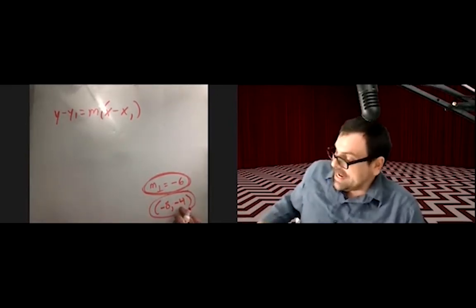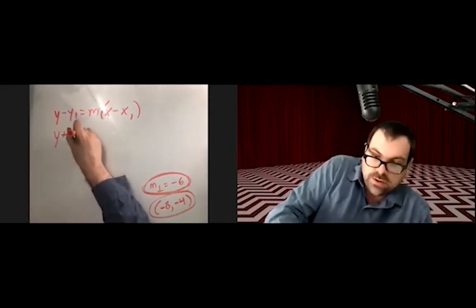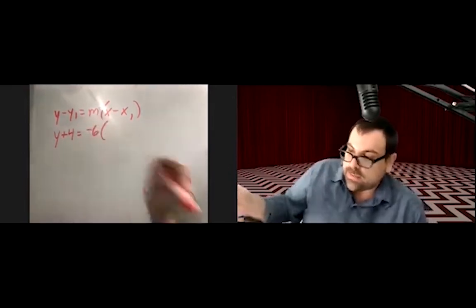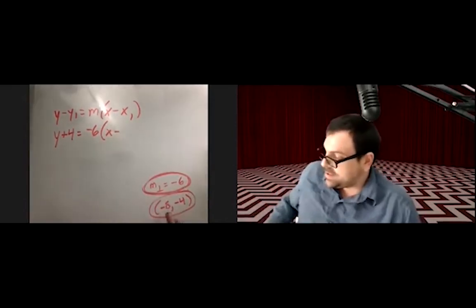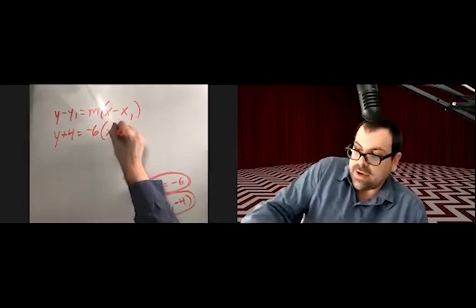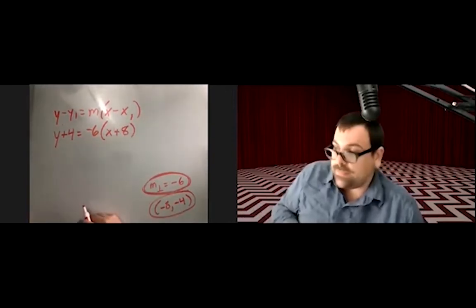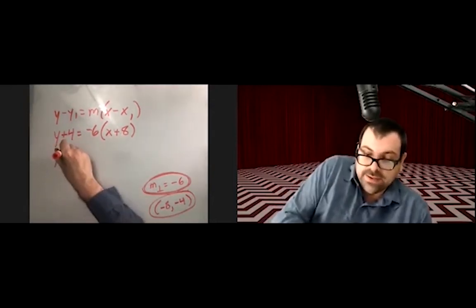Y minus -4, or y plus 4, equals m, -6, times x minus -8. X minus -8 is x plus 8. Okay? Distribute the -6.